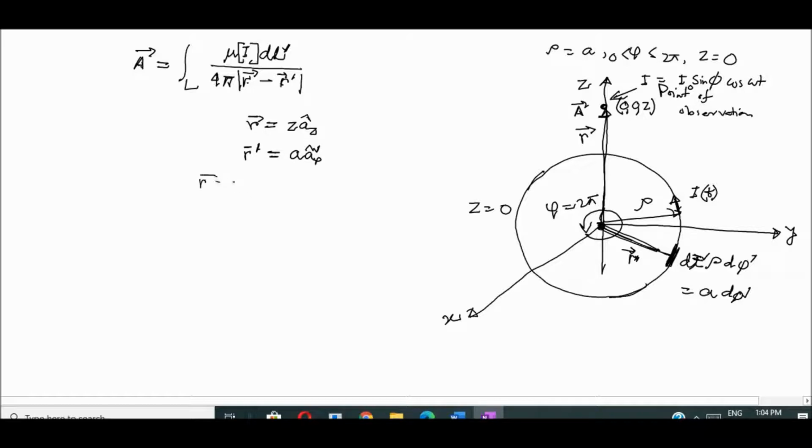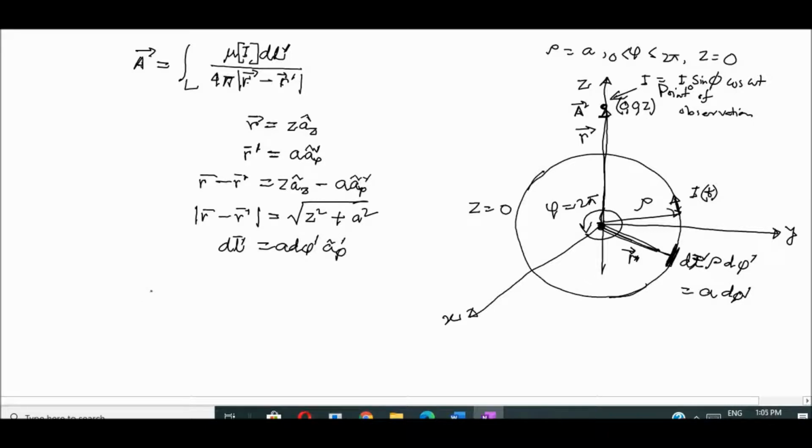Now r minus r prime is equal to z a_z minus a a_rho. If I find the magnitude of r minus r prime, it will be the square root of z square plus a square. And dl prime we already obtained before, that is a d phi prime a phi prime.